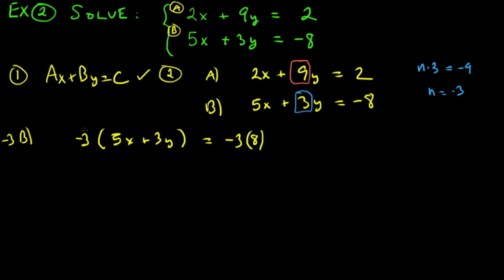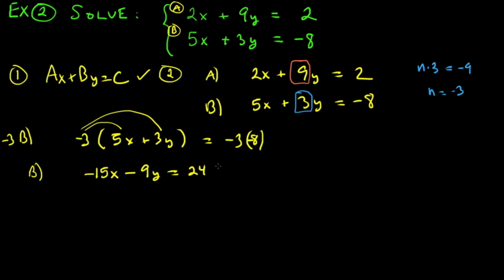Okay, so distribute the negative 3. Negative 3 times 5x is negative 15x. Negative 3 times positive 3y is negative 9y. And negative 3 times negative 8 is positive 24. So that's still equation B. All we did was multiply by negative 3 on both sides.